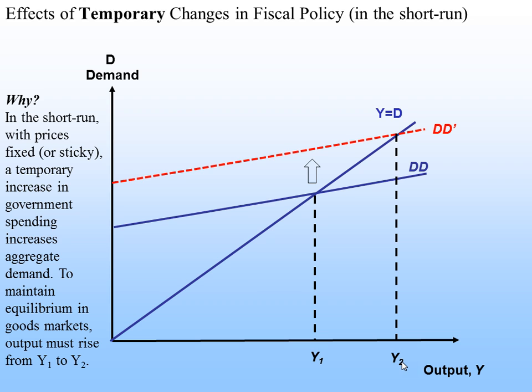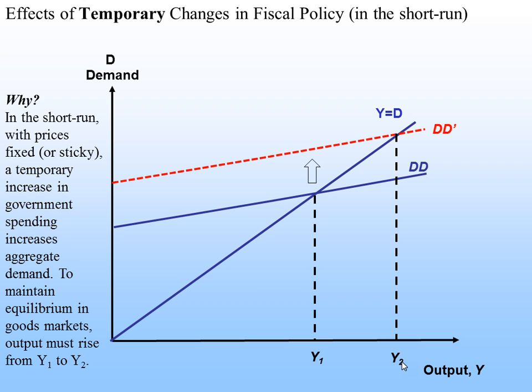What we called our DD curve, which is aggregate demand, shifts up because Y equals C plus I plus G plus current account. So we increase G, we're increasing Y in equilibrium, right? So if the goods market stays in equilibrium, which is here where Y equals D, the increase in aggregate demand gives us an increase in output, or Y.